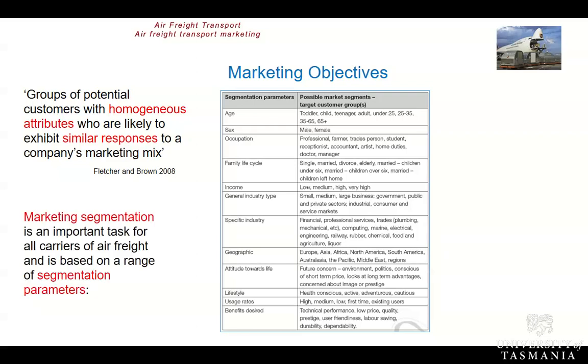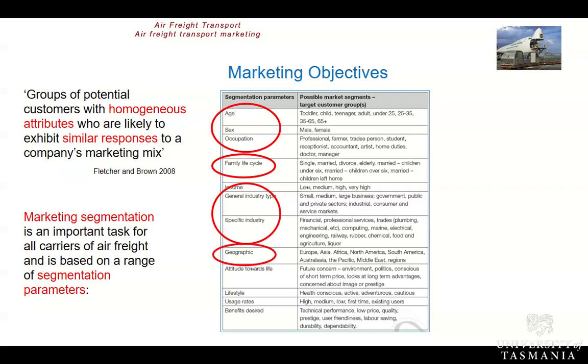Now, there's a range of different parameters you can use to segment a market. You've got demographics, so you can use age, gender, occupation, family life cycle, income. You can look at the industry itself. All those characteristics allow you to segment a mass group of people.